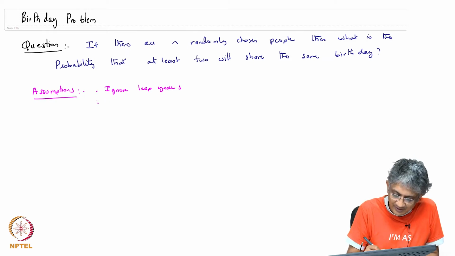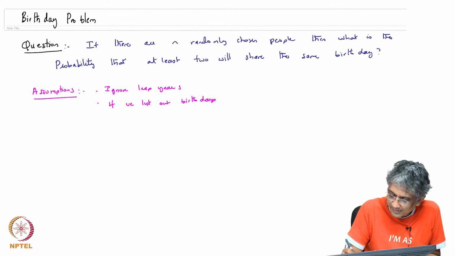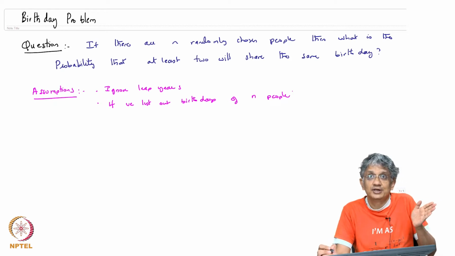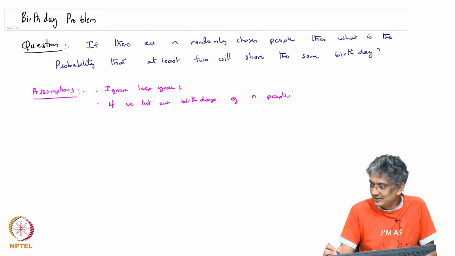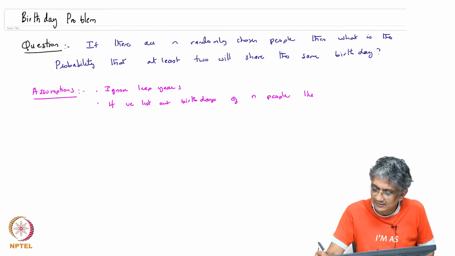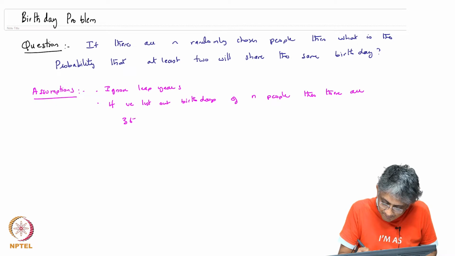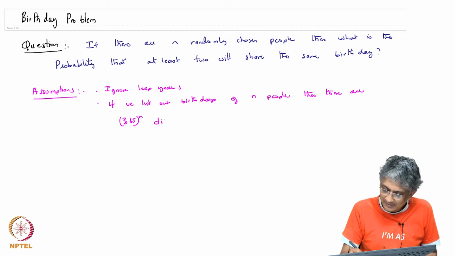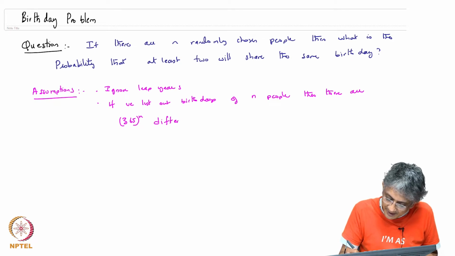So in some sense, if we list out the birthdays of n people, going chronologically and listing everybody's birthday, then there are 365 to the power n possibilities.